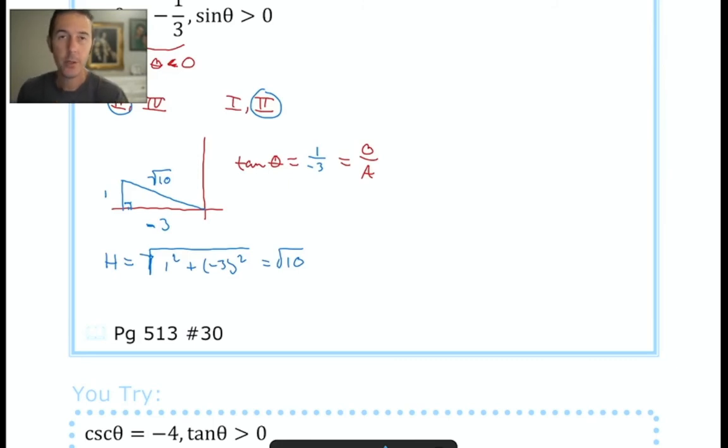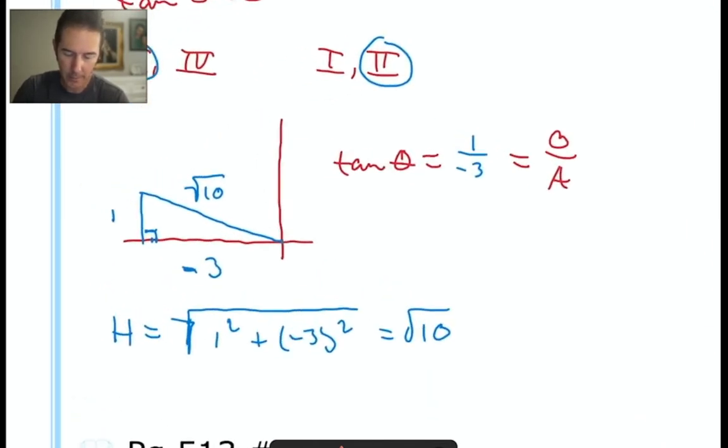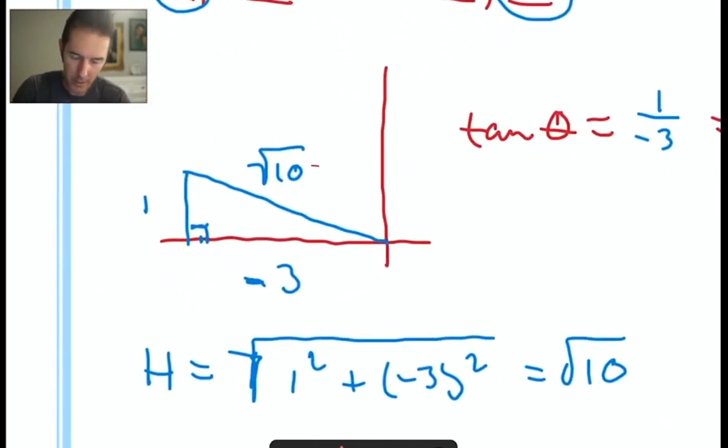If it's helpful for you to label the opposite, adjacent, and hypotenuse on your diagram, then you should do that. My guess is that you're going to get to the point where you won't need to do that. It does clutter the diagram a little bit, but I'm going to sneak in and do that for you anyway.